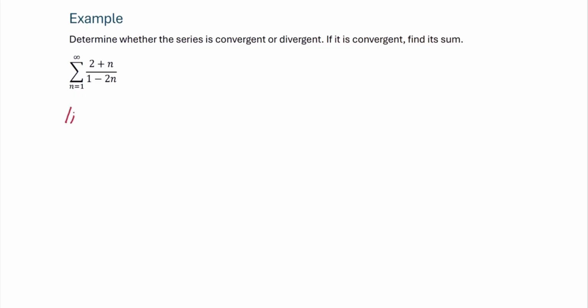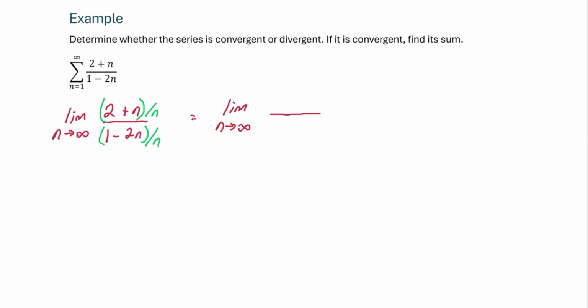We're going to take the limit as n approaches infinity of the sequence 2 plus n divided by 1 minus 2n. And remember, to attack that, we divide the top and the bottom by the highest power of n that occurs in the denominator. So we now have the limit as n approaches infinity.